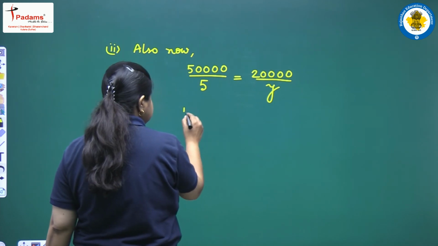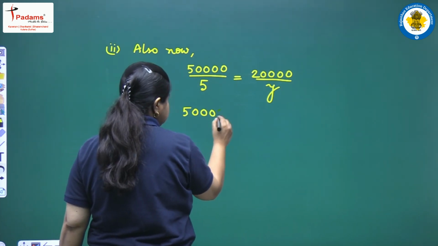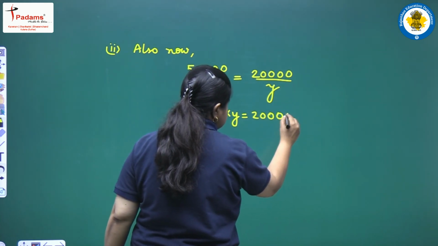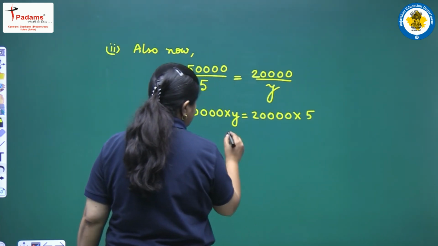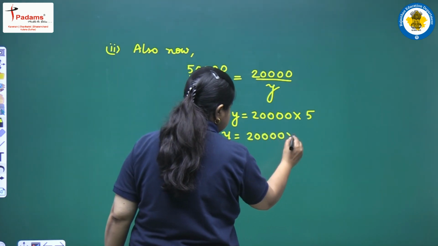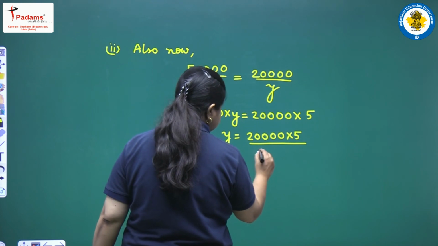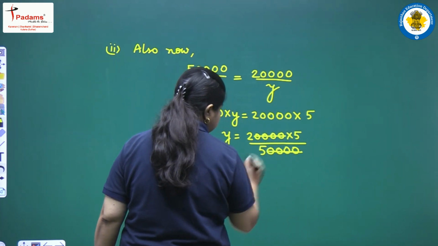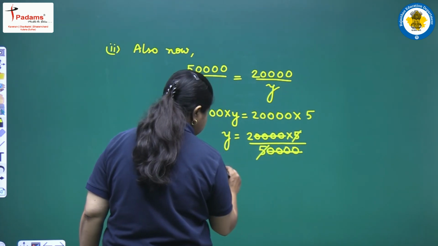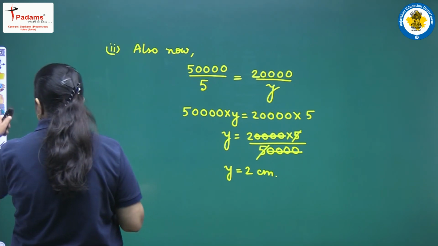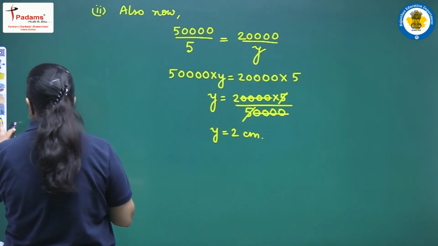Now on cross multiplying we get 50,000 into y equal to 20,000 into 5. Now from here y will be equal to 20,000 into 5 upon 50,000. You can easily cancel these 4 zeros by 4 zeros, cancel 5 by 5, and y is equal to 2 centimeters. With this we can write the answer in words also.